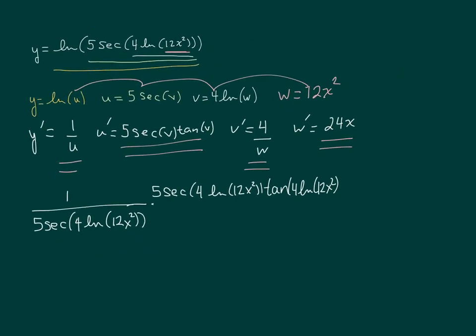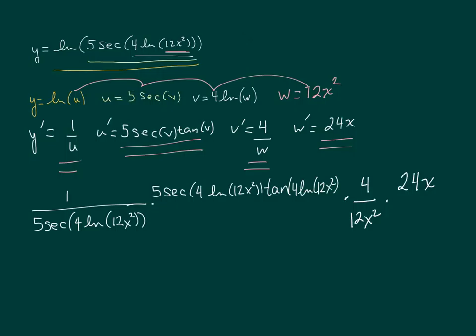Get some more room here. So now I'm on the 4 over w piece. So times 4 over w, and w is 12x squared. And then finally the 24x.